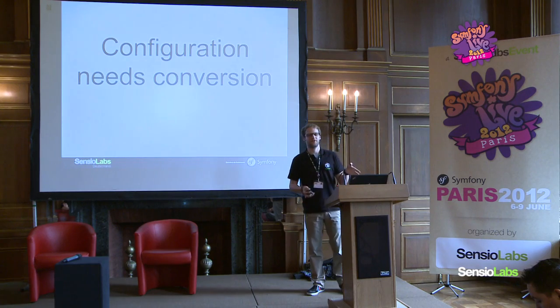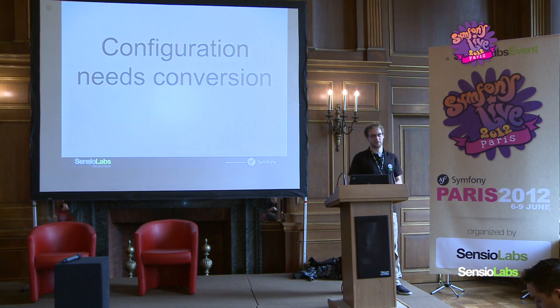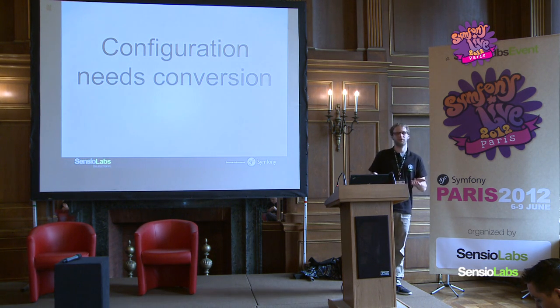And you need some kind of conversion. You need to convert your configuration structure into your classes, into options that have to be set, or something like this. Because your configuration is just an expression of how things are going to work, not an exact duplication of how your code is going to look, of how your classes are going to interact with each other.